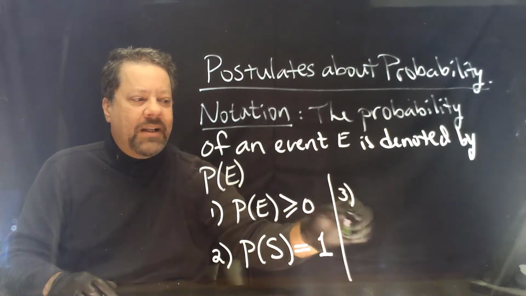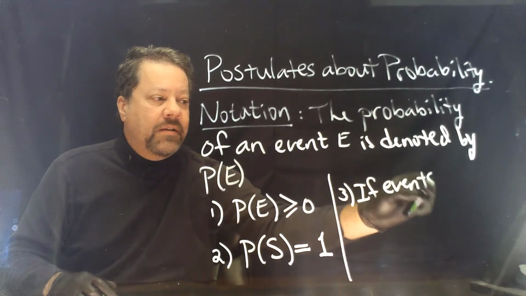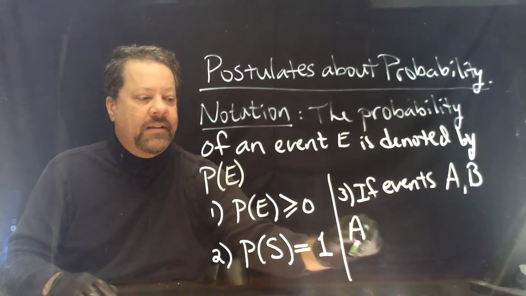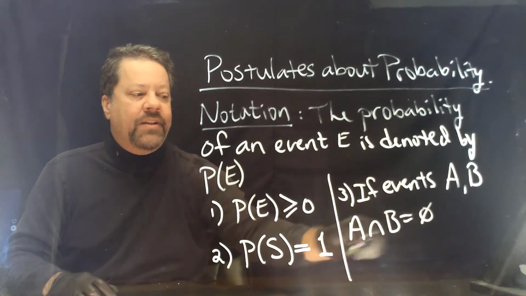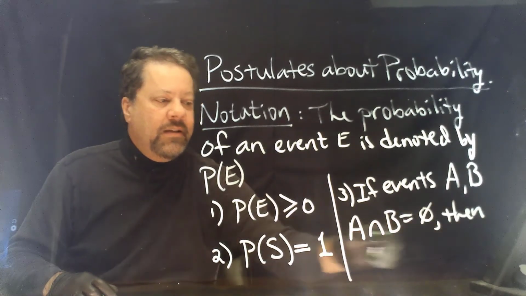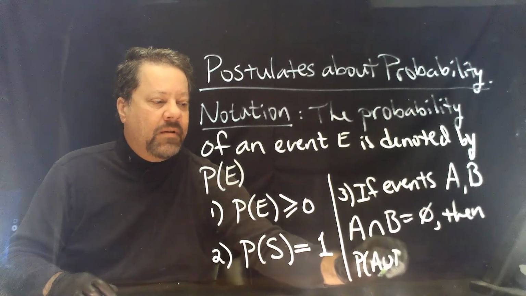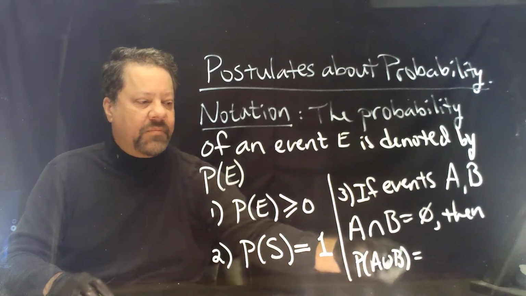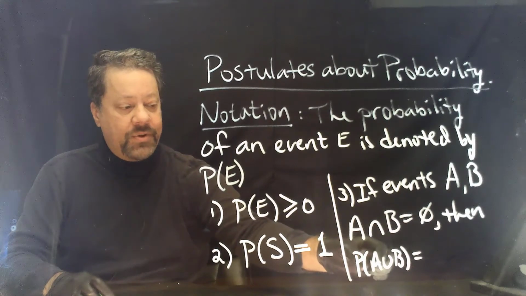A third postulate is that if events A and B are disjoint in the sense that they share nothing in common, the intersection of these two sets is the empty set, then that'll affect the joint probability of A and B thrown together, A or B. A union B is often thought of as using the word or.